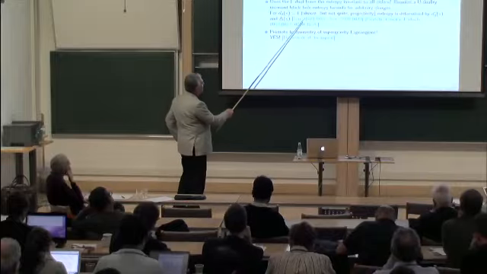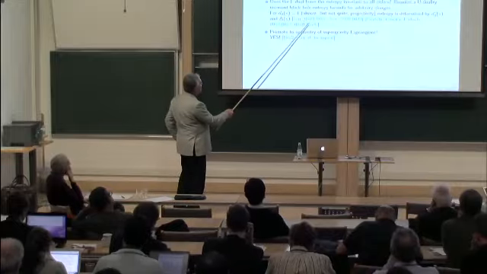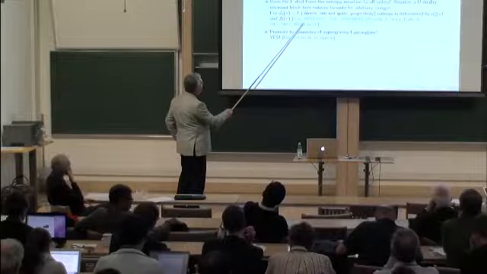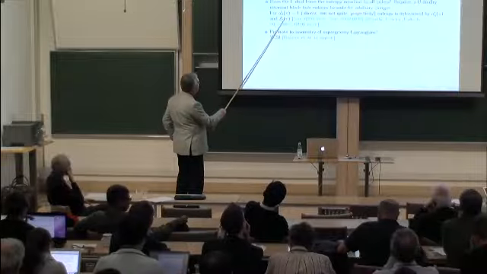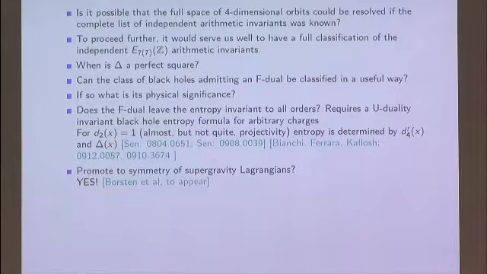In certain cases, you can show that the black hole entropy depends only on D2 and delta, which are F-dual. So for that subclass of black hole, you know that the entropy is F-dual invariant. And perhaps a better way of tackling the whole problem is to step back and ask, why is this just a symmetry of the solution?